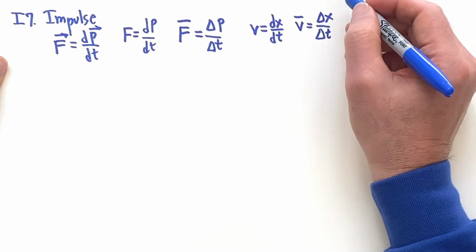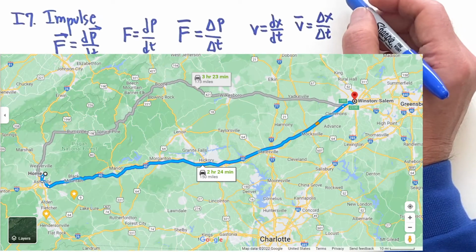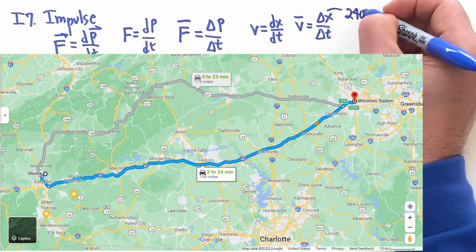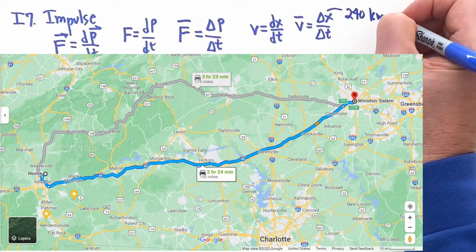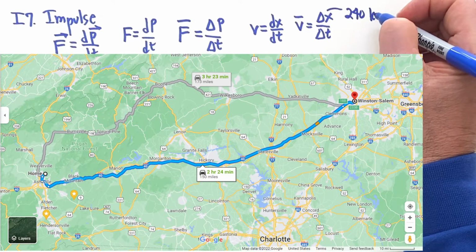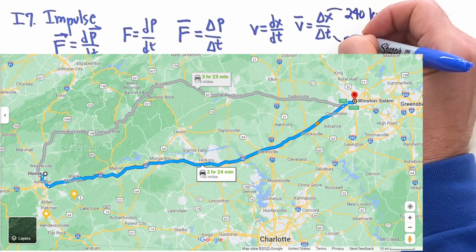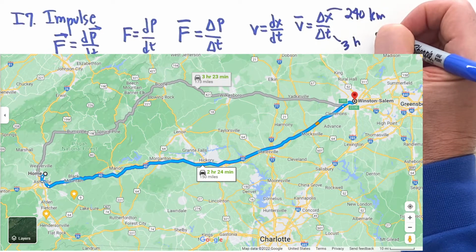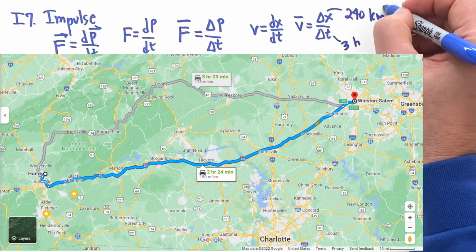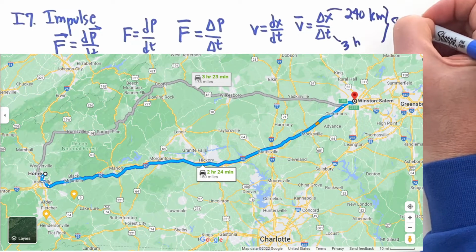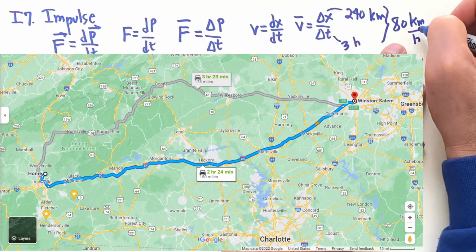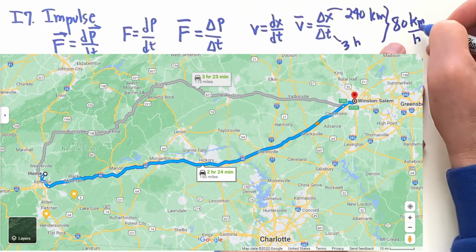When I would take my children to a piano lesson in Winston-Salem from Asheville, we would go about 240 kilometers, about 150 miles, and it would take us about 3 hours, like we would stop somewhere. So that gets you 80 kilometers per hour on average, 50 miles an hour on average.